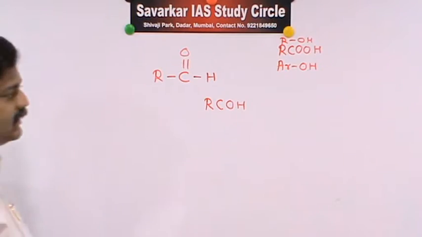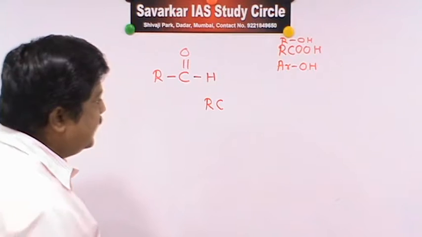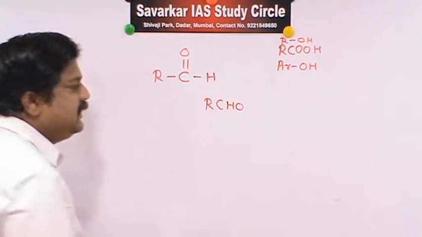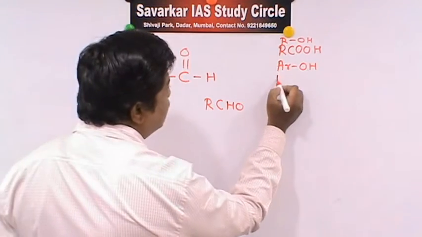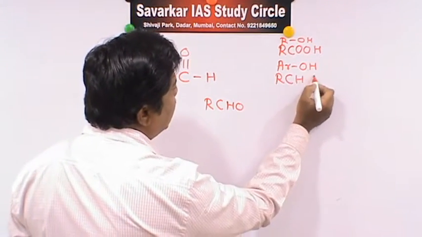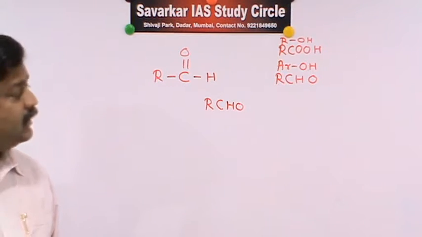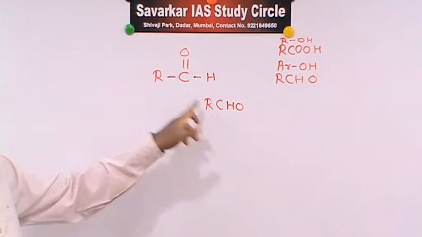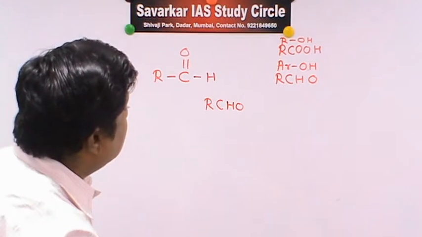To avoid this confusion, this compound is written as RCHO in this fashion. This is called an aldehyde. So it is RCHO. We call this compound an aldehyde. It has almost similar things, a little bit different here. So that is aldehyde.